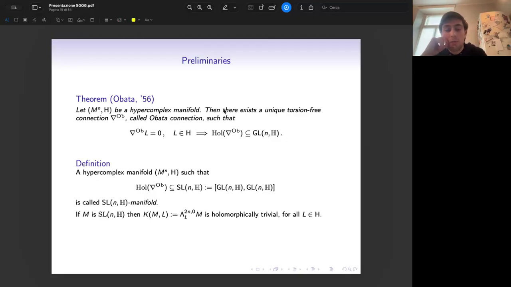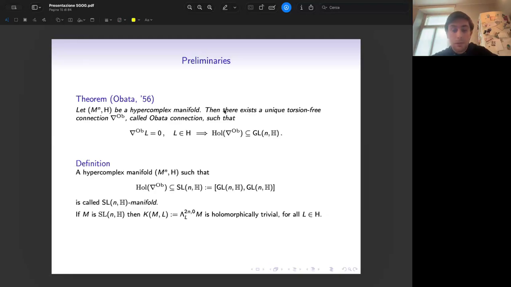It was a question by Verbitsky to prove the converse, but just for a given complex structure in H. Namely, if we have I in H such that the canonical bundle is holomorphically trivial, then the manifold has to be SL(n,H).